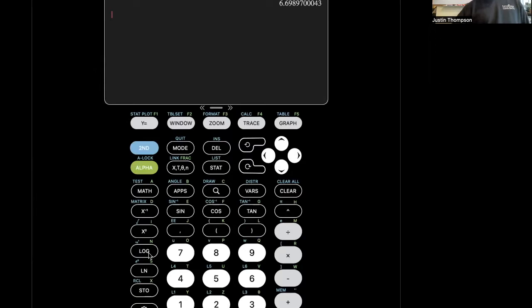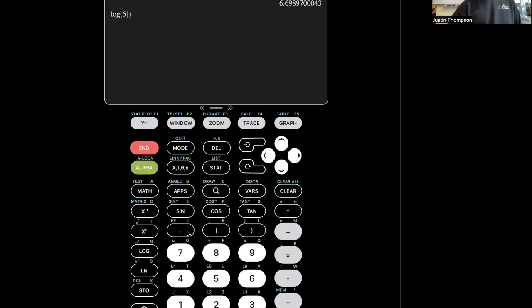Another way of doing it is to use, can you see this right here, that double E? That double E means times 10 to the. So for instance, we go log 5, and then this is how I say this in my head. It's blue, so that means I need to hit the blue second key.